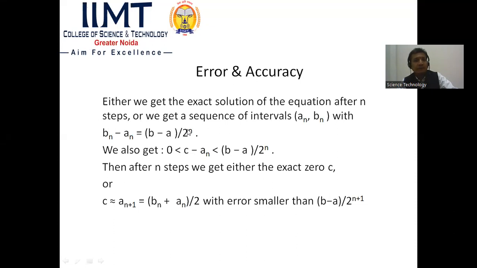That means when we apply this method n times, the error becomes very small. So we can say the error after n steps is (b minus a) divided by 2 raised to the power n plus 1.